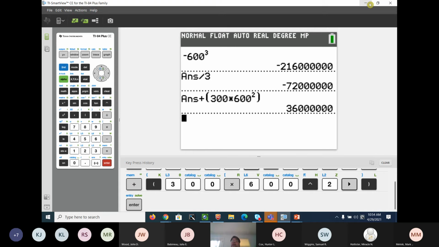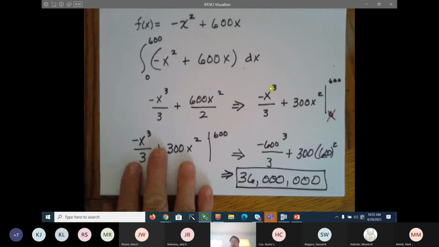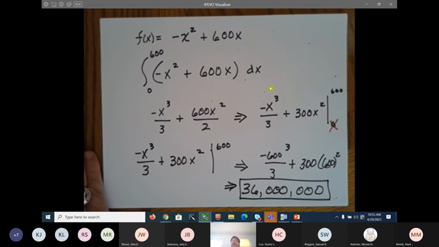And let's look at their answer. Would you expect their answer to be more or less? Now I'm going to ask somebody to talk here. Would you expect theirs to be more or less, with this being our hairline box versus a box that's 5 feet wide or 10 feet wide? More.